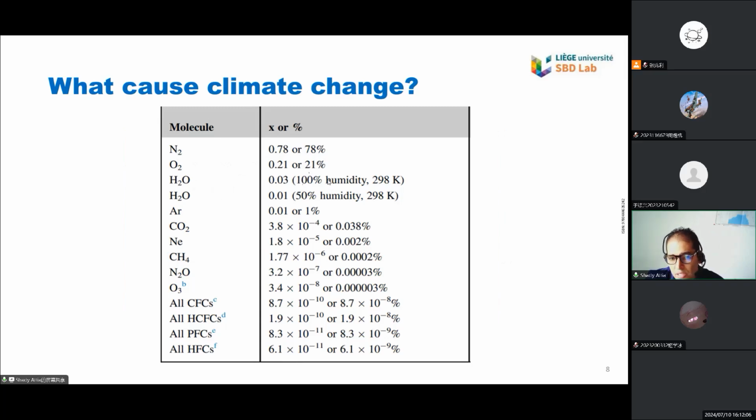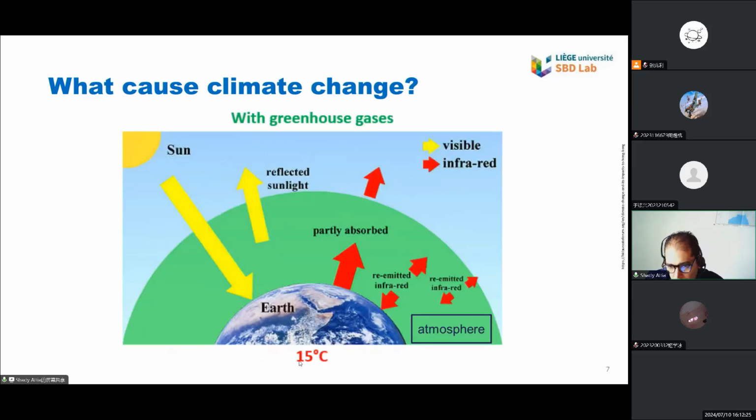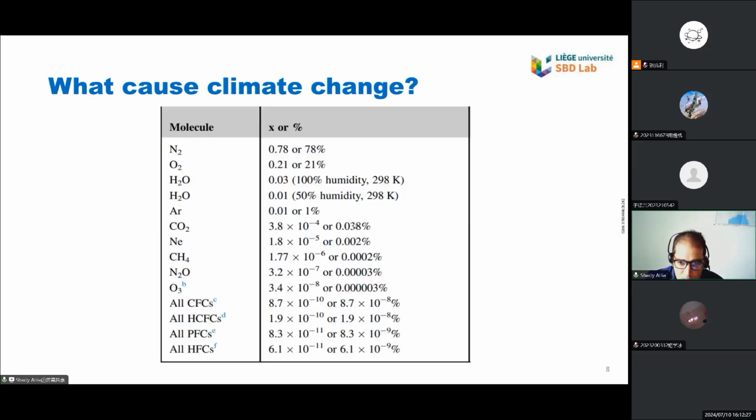Then you will find several others like water and humidity gases, CO2, methane, nitrogen oxide, and the chlorofluorocarbons, ozone, hydrochlorofluorocarbon, and so on. All these gases are present in the atmosphere, but with a very low concentration. The percentage is very little.